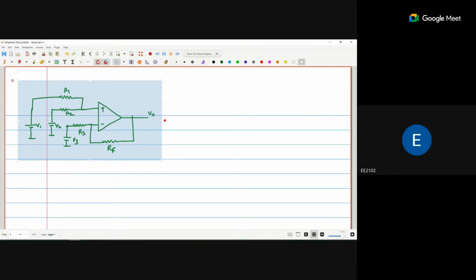Just solve it. Solved it or not? Is there any doubt in that one?